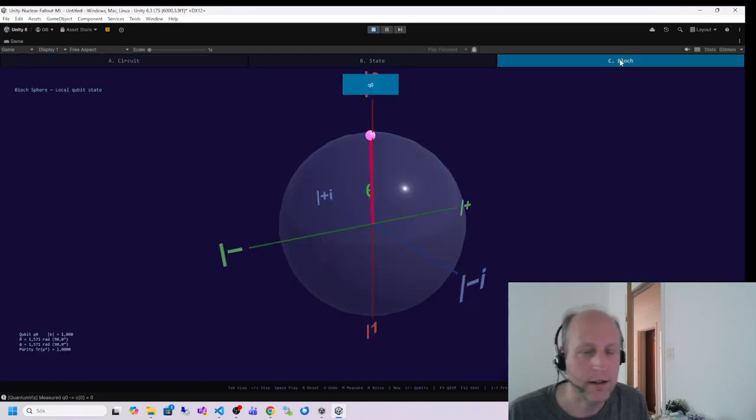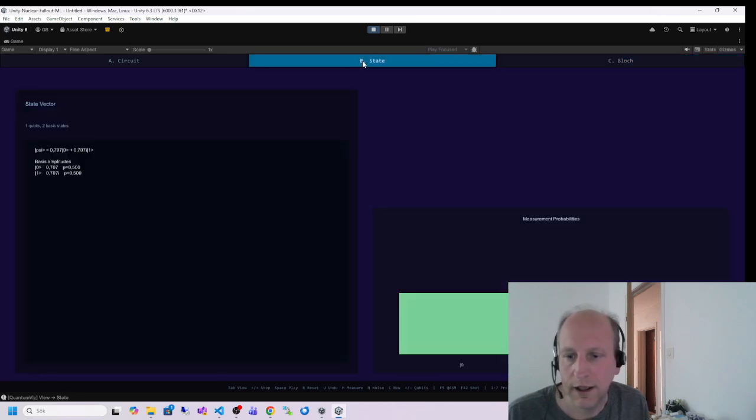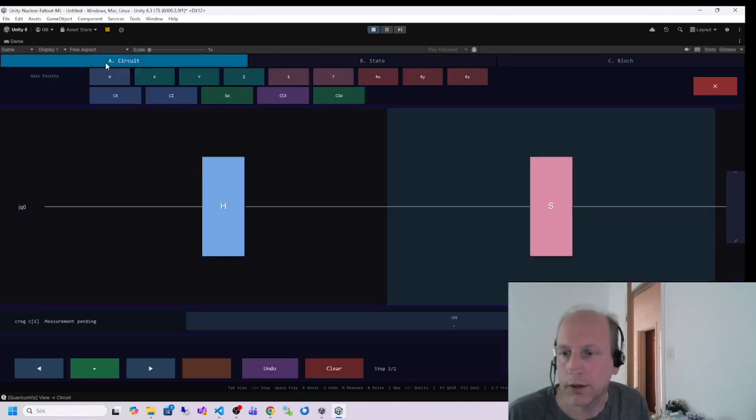It was plus, so now it shifts 90 degrees, so it's pointing at plus i. And the state is 50-50, 0 or 1. I measure here, so it could be 1 or 0.